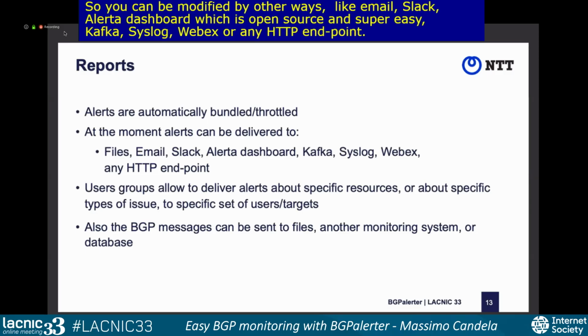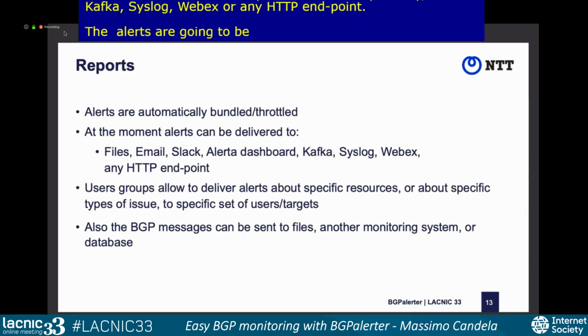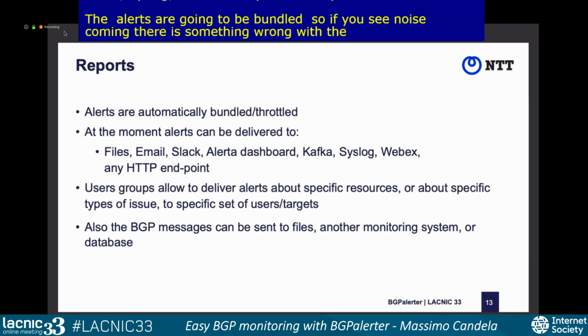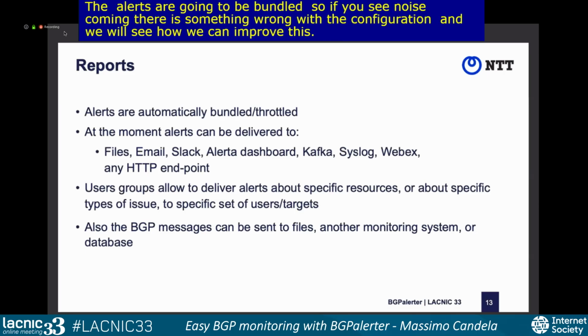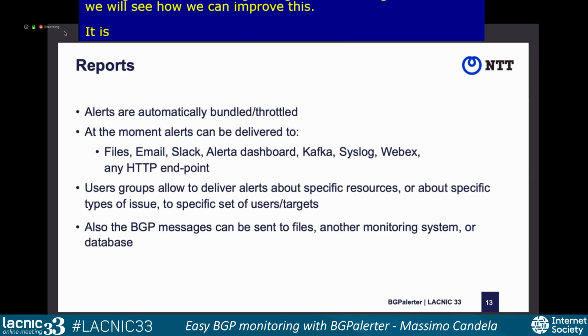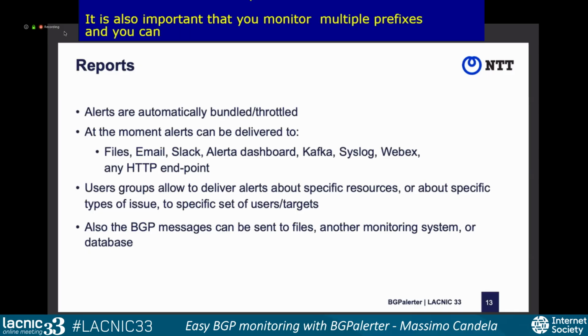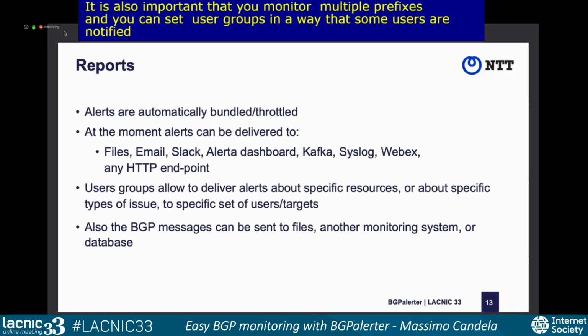So if you see noise coming from BGPalerter, probably there is something wrong with the configuration. And we will see how you can improve this. Also important, you can monitor multiple autonomous systems and multiple prefixes, and you can set user groups in a way that some users are notified only for issues related to some prefixes and not about other prefixes.